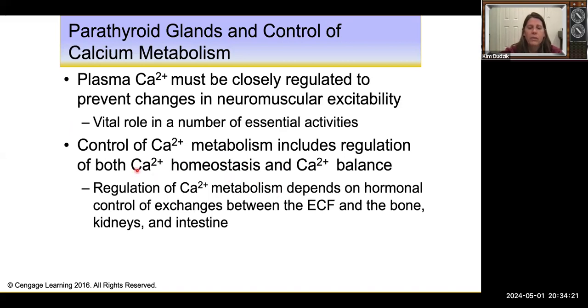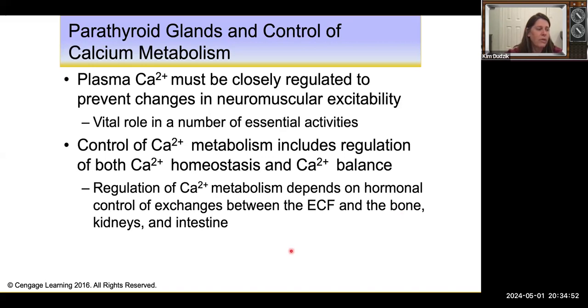So again, both calcium homeostasis and the balance of calcium depend on the hormonal control of exchanges between the ECF, interstitial fluid and plasma mainly, and the bone. What we're going to see in a minute is that bone is the main storage of calcium, and so we actually obtain calcium from our bones.